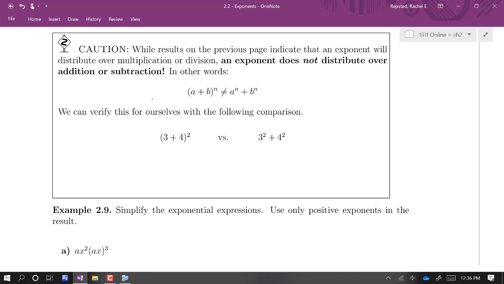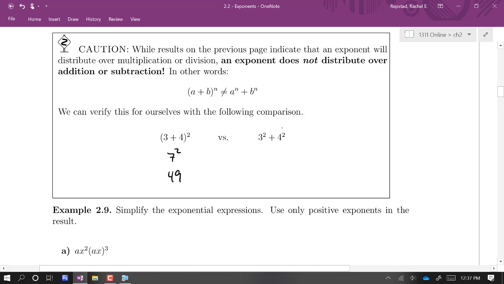And just to illustrate and convince us that we're not allowed to distribute an exponent over addition, I'm going to look at this numerical example. On the left side, we have 3 plus 4 in parentheses squared. Using the order of operations, I know I've got to do the addition in the parentheses first, so that's 7 squared, or 49.